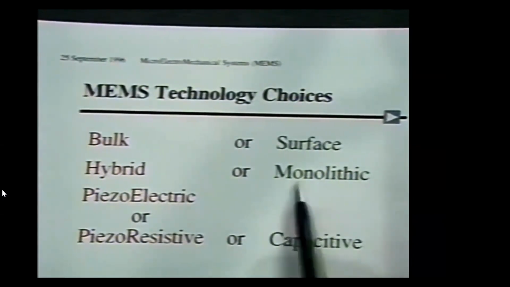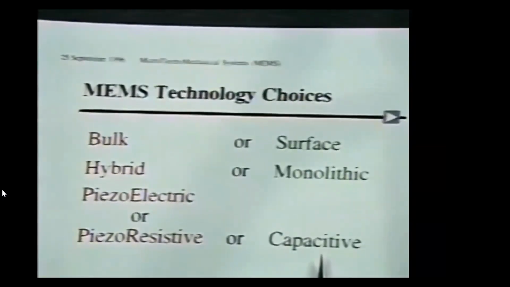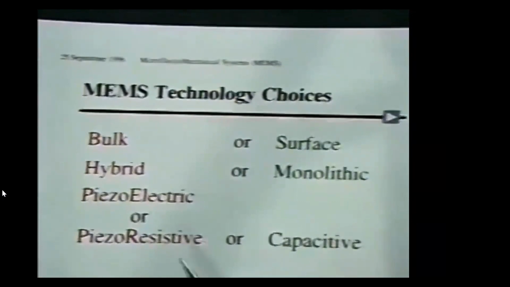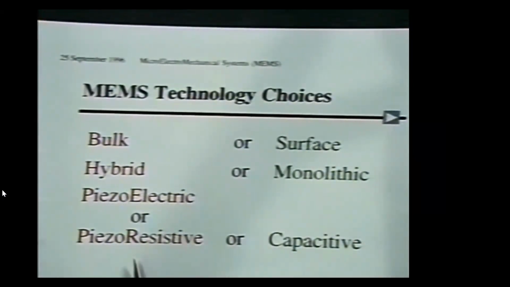And the third choice one often needs to make, and one needed to make in the case of a motion sensing device, one which could sense airbag crashes which necessitated the deployment of airbags, is the particular transduction mechanism, whether one used piezoelectric or piezoresistive effects of the semiconductor device, or as was our choice, a capacitive sensing device. And I'm not sure you can see the colors terribly well, but at least the right-hand side shows things in green. The left-hand side shows things in red.